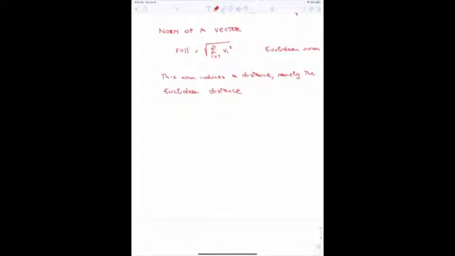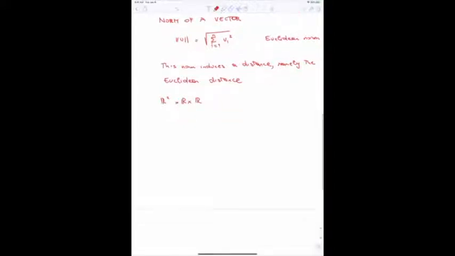So let's look at the specific case of R2, which is sometimes indicated as R times R. Here we take 2 points in the Cartesian plane. So this is XA, this is XB, this is YA, and this is YB.